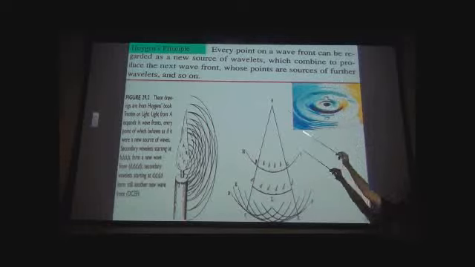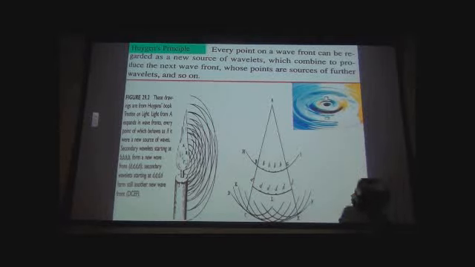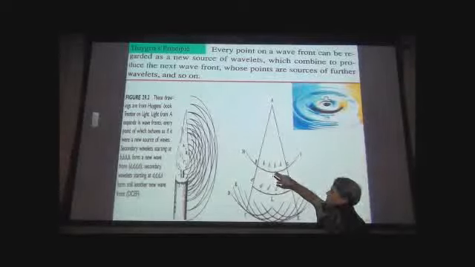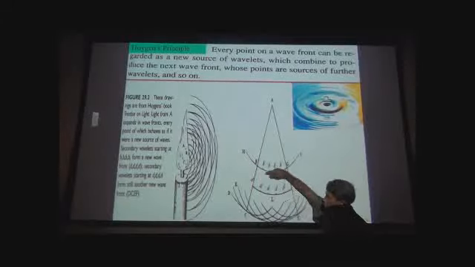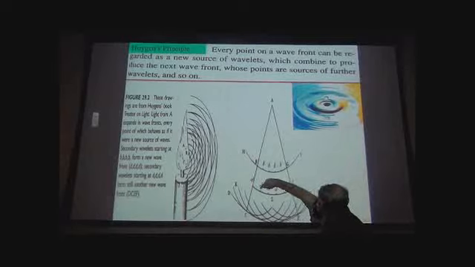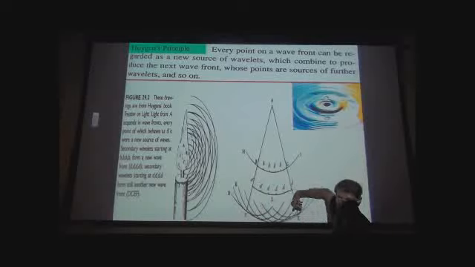Now, Huygens principle states that you can look at the behavior of light as if every single one of the positions on this wavefront is creating new waves. So here is an example. Each of these points creates a circle centered about it, and similarly with each of these.